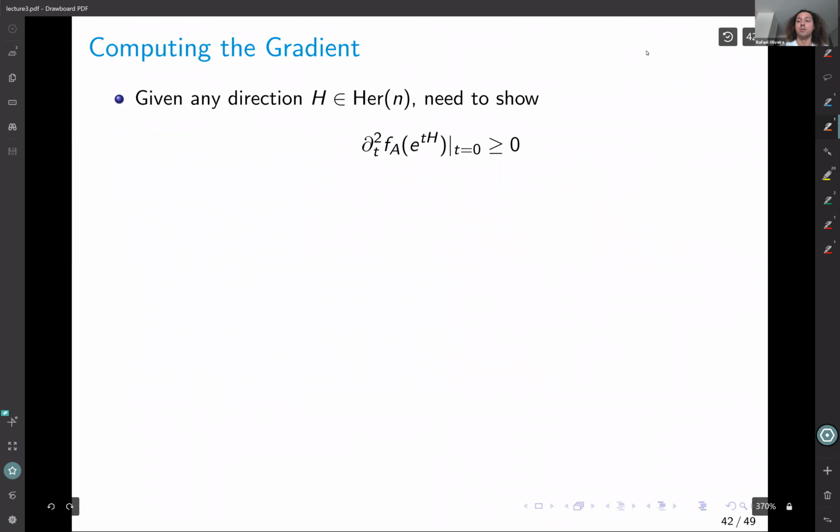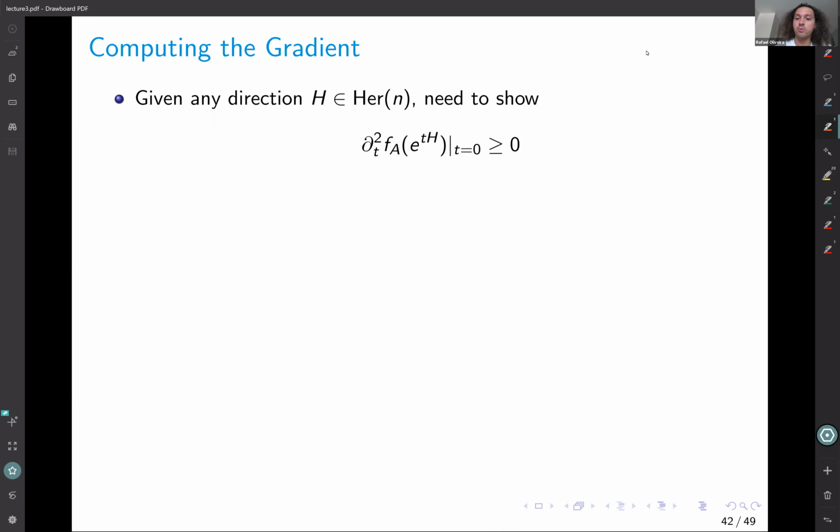To decide this, we need to first compute the gradient of our function. How do we compute the gradient? Well, we need to compute the second directional derivative. To prove convexity, we need to show that in any direction in the tangent space, at any point, so the direction H from the tangent space is a Hermitian matrix, the second directional derivative is greater or equal to 0.